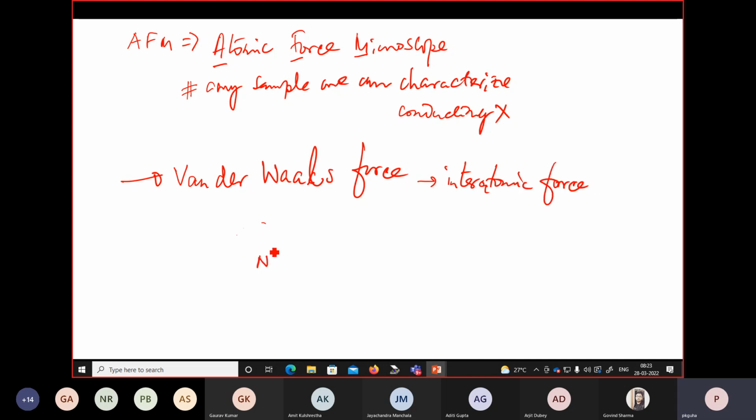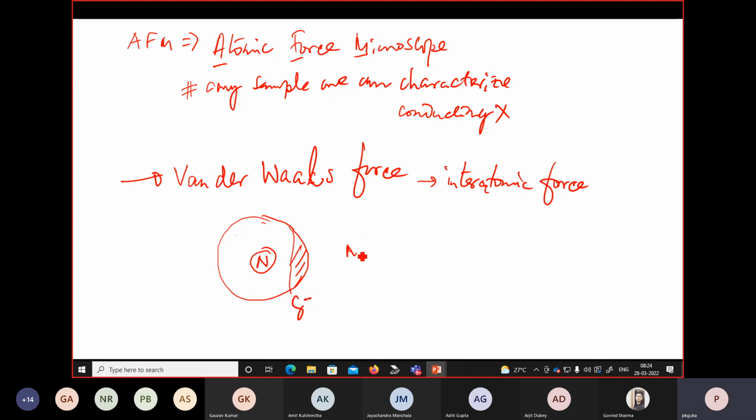So there is a nucleus, and around the nucleus electrons are rotating, right? The electrons moving around the nucleus create a charge localization. It might create a localization of negative charge here, say minus delta.